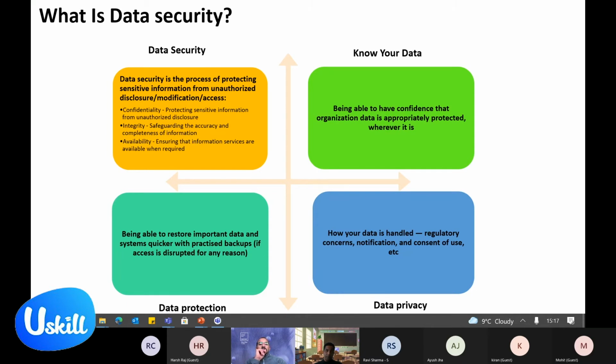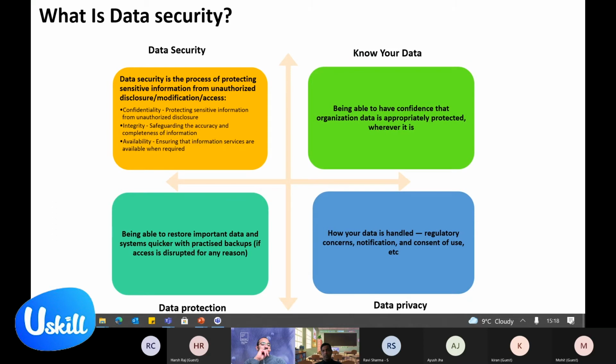There are many compliance regulations, especially the GDPR. They have certain norms and certain categories: whenever you are collecting somebody's data, you have to fulfill six principles, I guess, that you must follow before collecting any information from any user.